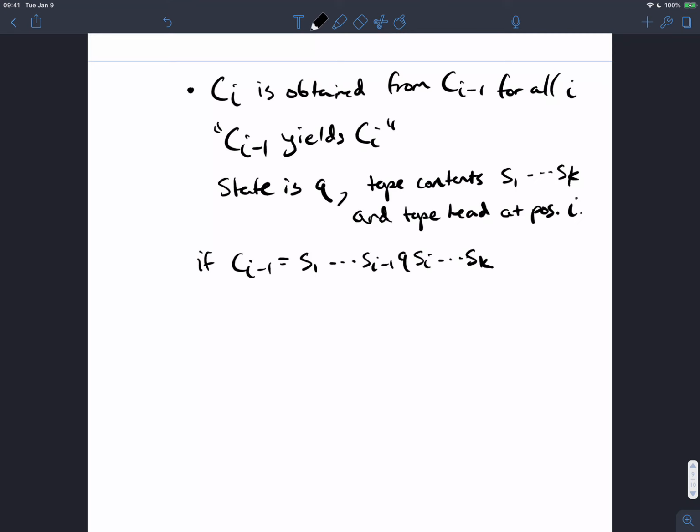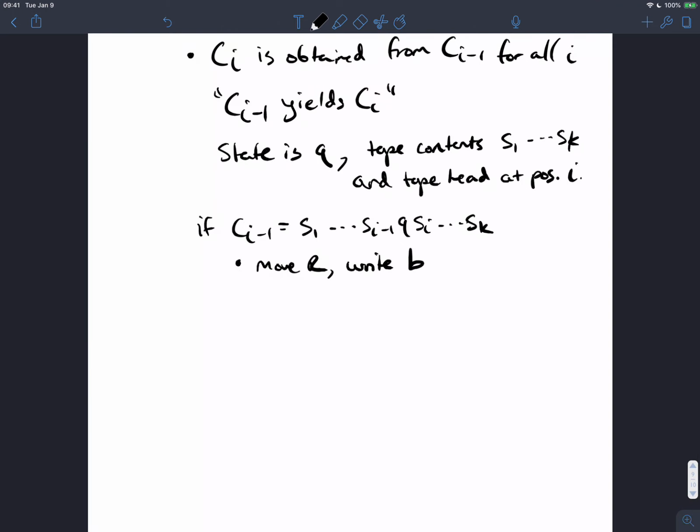Well, there are three things that can happen. Well, we could move right at this point, right? So let's say that we move right and write B to the tape. So in this case, CI will be what?